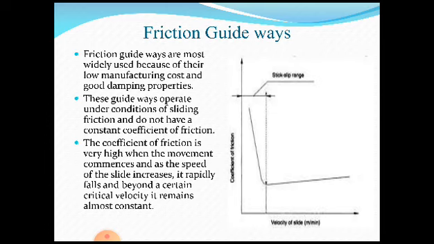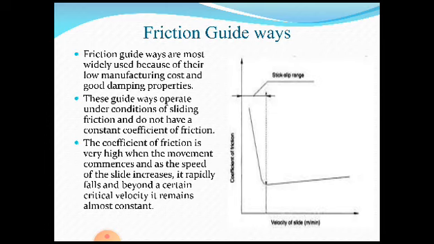So why are the friction guideways preferred? The main idea is that the manufacturing cost of these guideways is low, as well as having good vibration absorbing capacity. Taking these two factors into consideration, the friction guideways are being used on machine tools.